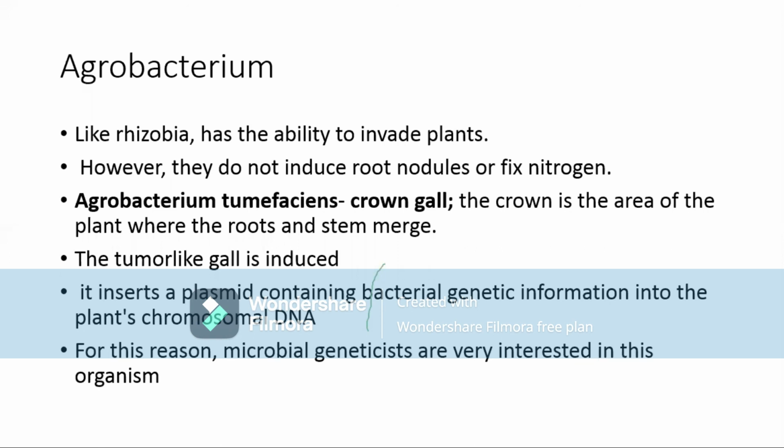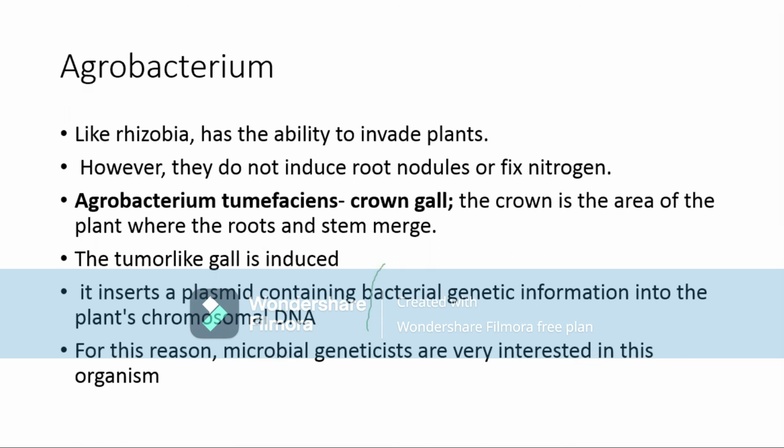Now, one more thing about why this organism is so important. Usually it is easy to invade any animal cell because they do not have any wall, but the plant cell wall is very thick, another lining surrounding the membrane. So if any pathogen is capable of invading that wall, it has some potential.